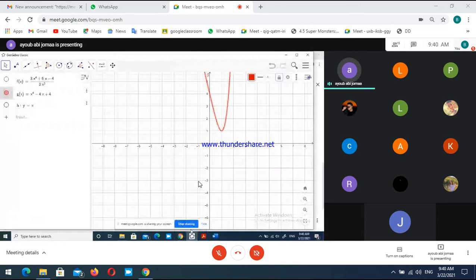It means that the derivative, g prime, is negative.